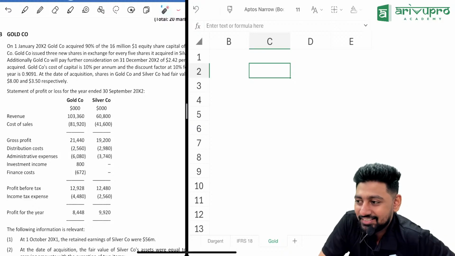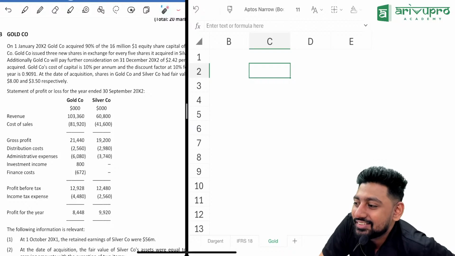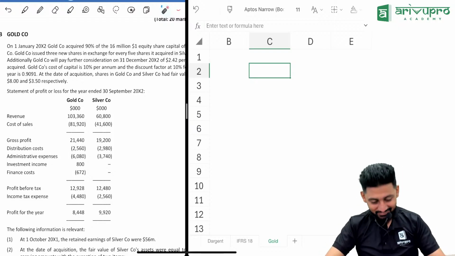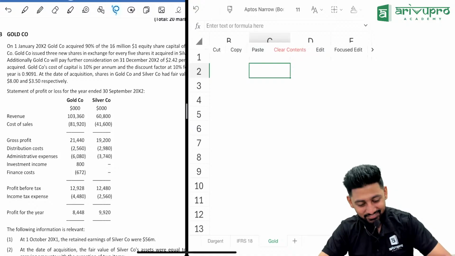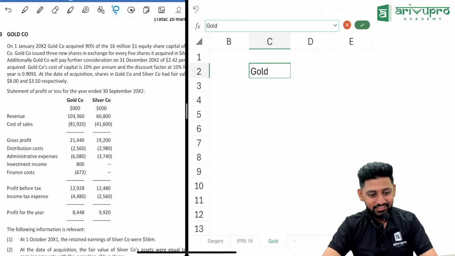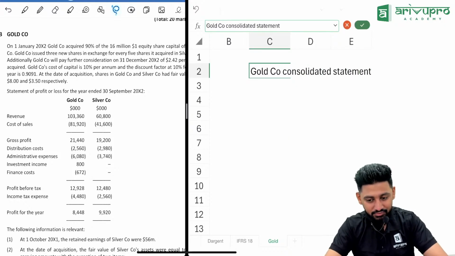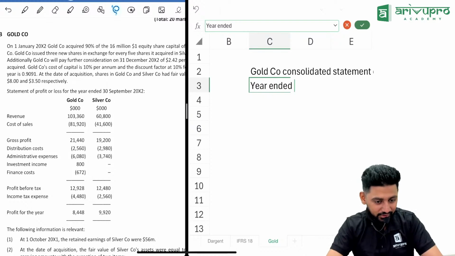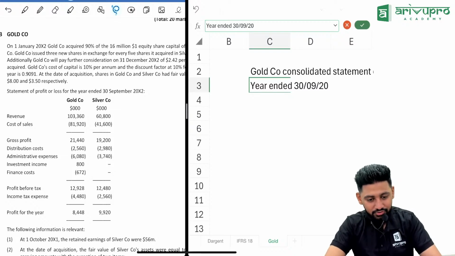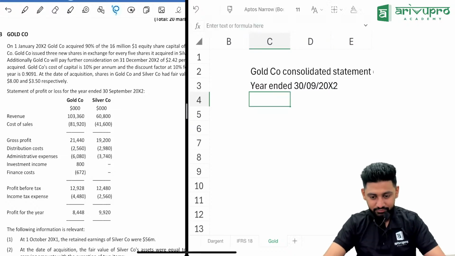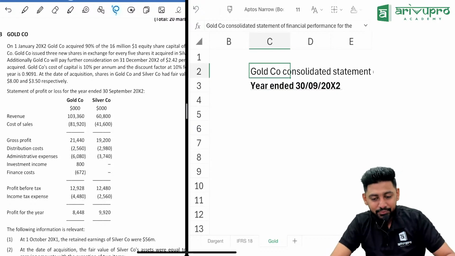Give me the heading: Gold Co's consolidated statement of financial performance for the year ended 30th September 2012. Examiner will be impressed.